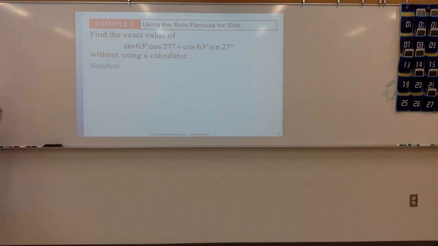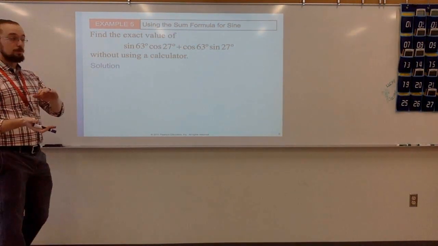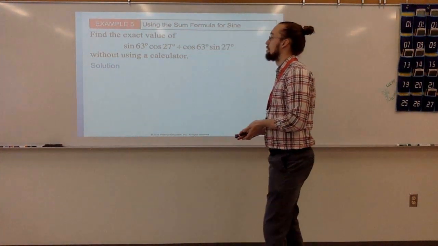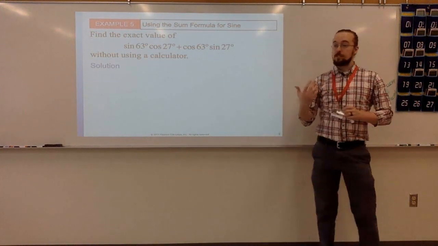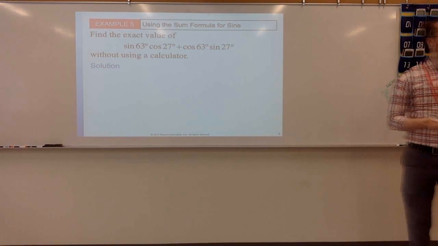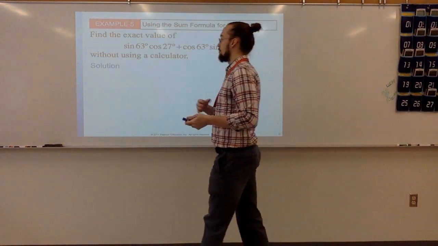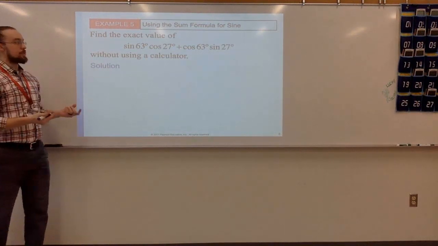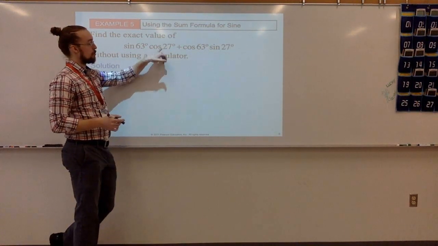If you look at your formulas for the sum and difference of sine and cosine, this actually fits one of those patterns. So sine of, we can call 63 degrees our A value and 27 degrees our B value.